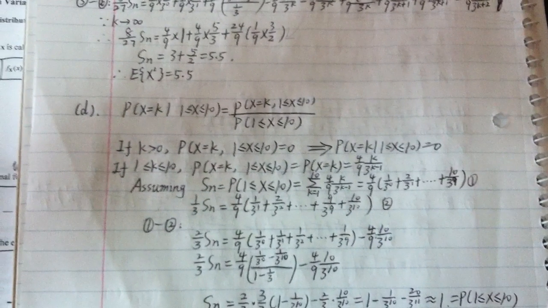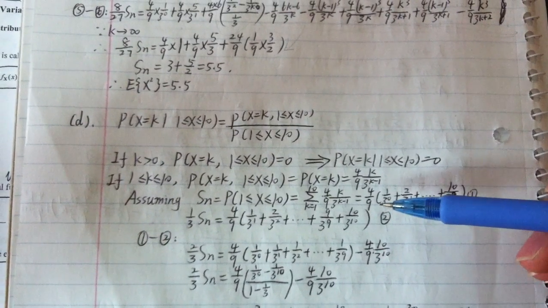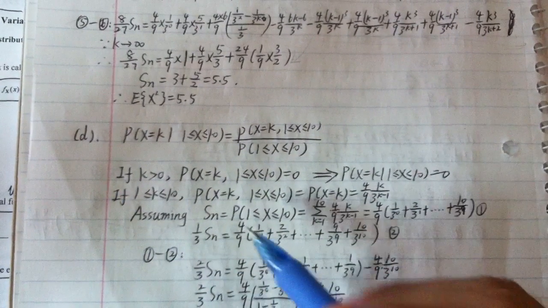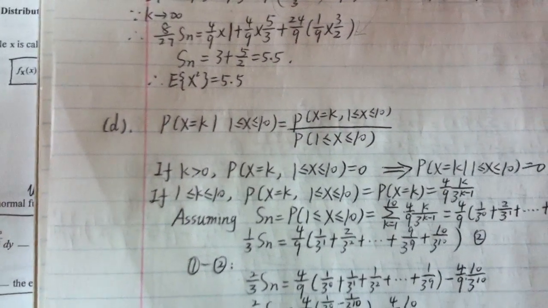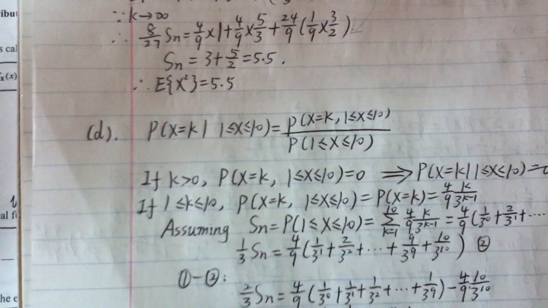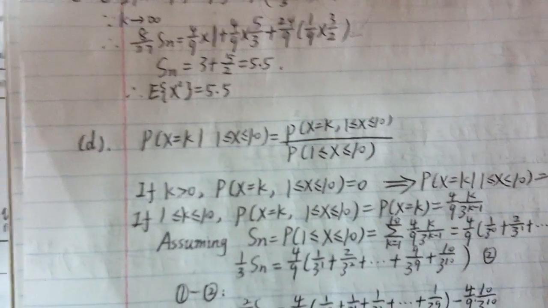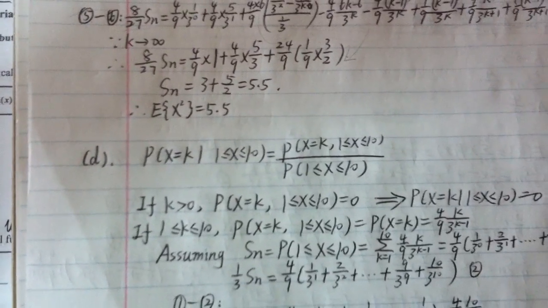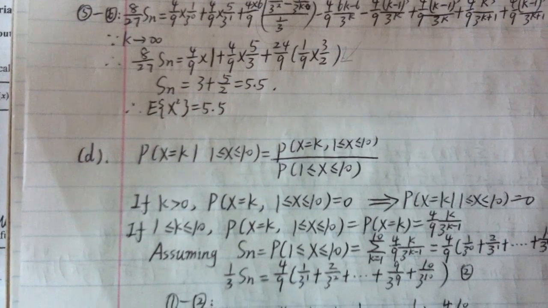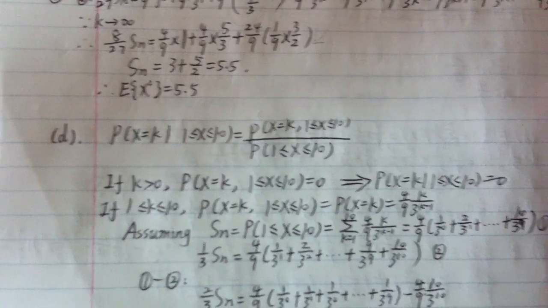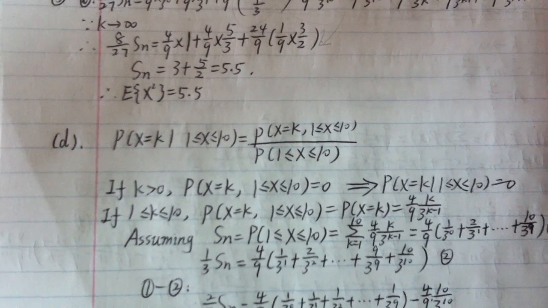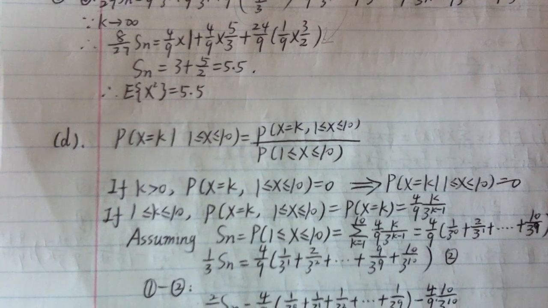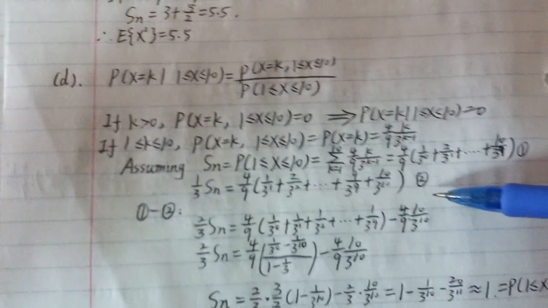Finally, let's begin the final problem: finding the conditional probability mass function, the probability of x equal k, assuming x is larger than 1 and less than 10.